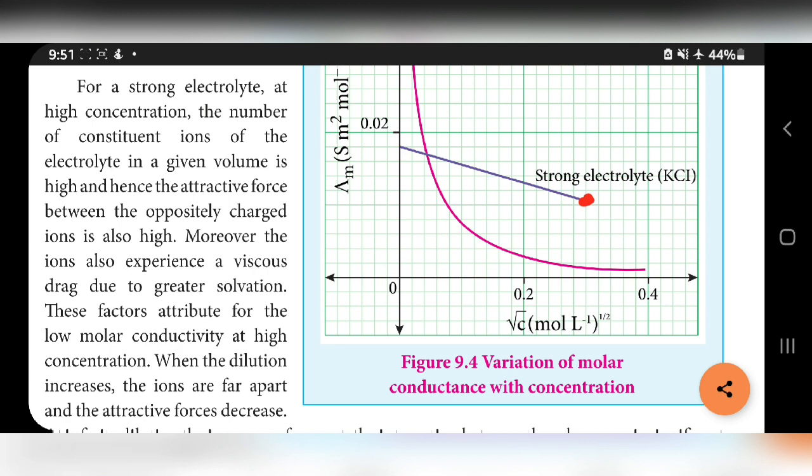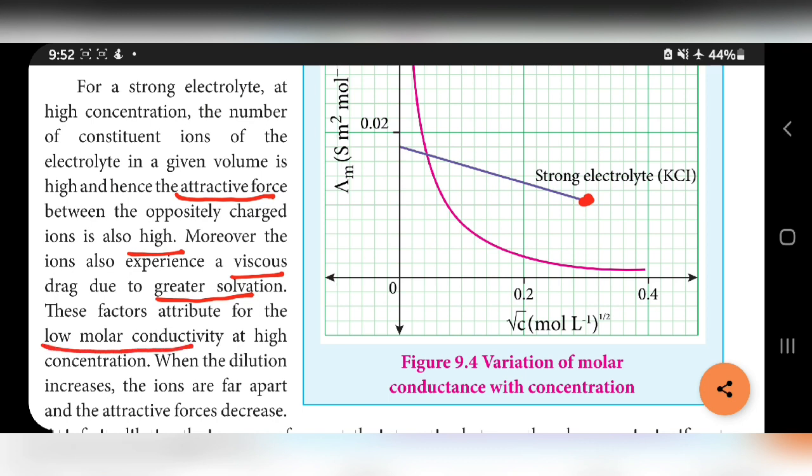If more ions are present, attractive force is also high, because all are closely packed. Ions experience a viscous drag due to the greater solvation.